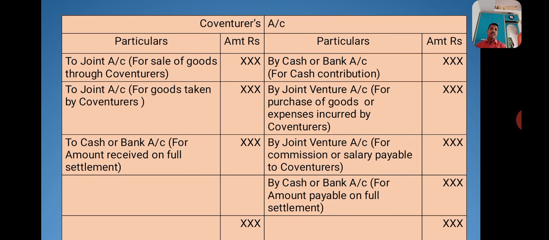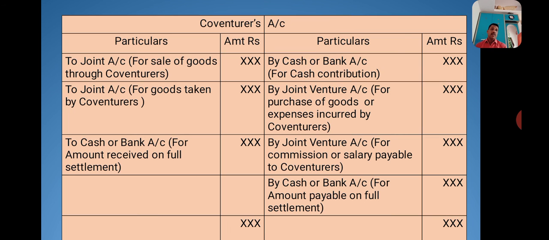And co-ventures account is credited for the items for cash contribution. If they contribute the cash to the joint venture, then their account should be credited. And if the joint venture expenses are incurred by them or materials supplied by them to the joint venture, then the co-ventures account should be credited by joint venture account for purchase of goods or expenses incurred by the co-ventures.